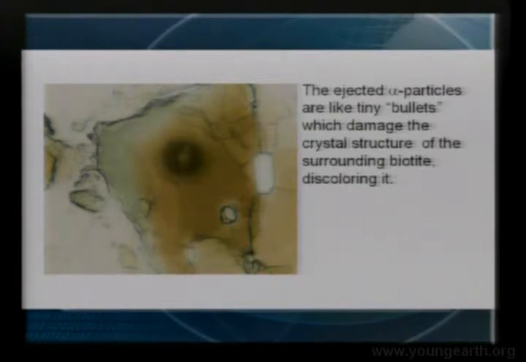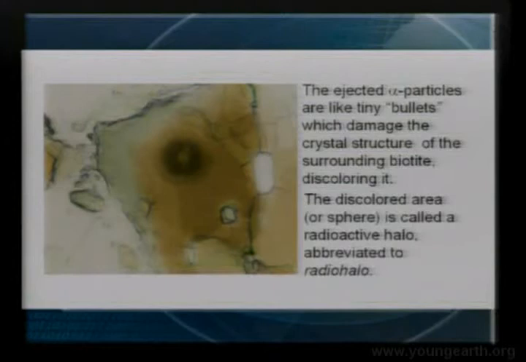See that? You can see in the centre there a tiny little zircon crystal, and you can see this halo of damage produced by the radioactive decay, the alpha particles shooting out from the uranium in that zircon crystal. So this discoloured area is called a radioactive halo, which is abbreviated to radiohalo.